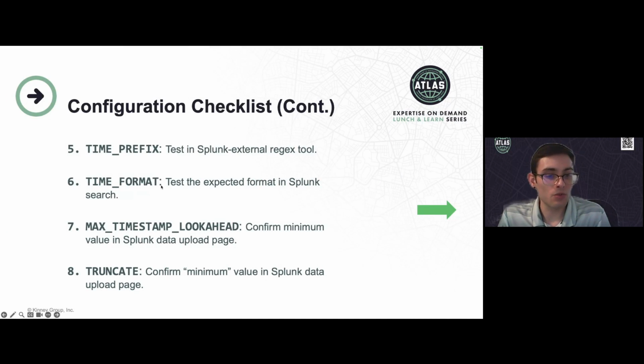Now we're getting to time format. And this is something that I generally recommend if you're very familiar with time format variables. I've had success in the past of just dropping in the pattern that's easy to identify. If you work with this frequently, you pick up on the common symbols. And I still like to test using the tools that I have available.